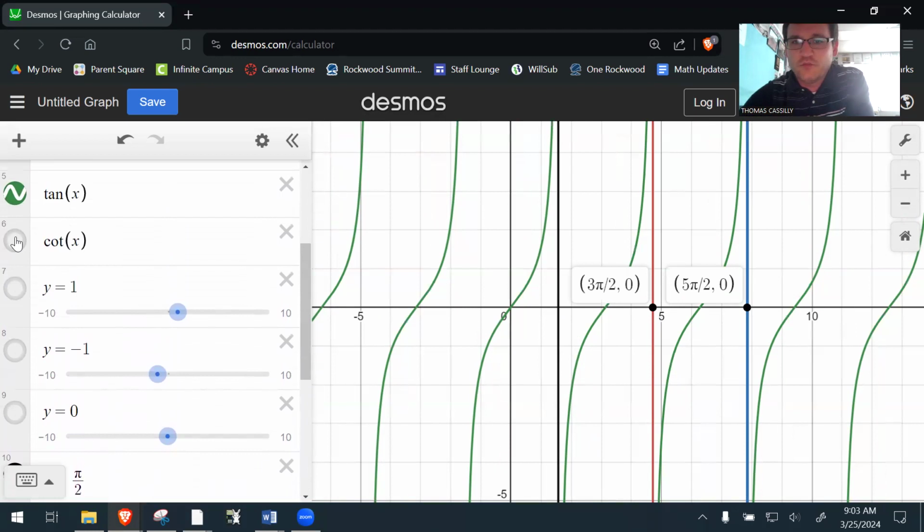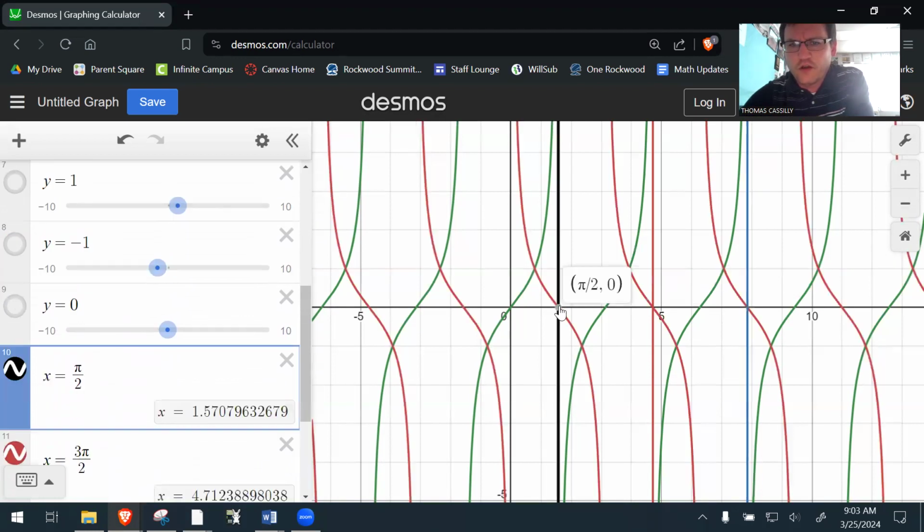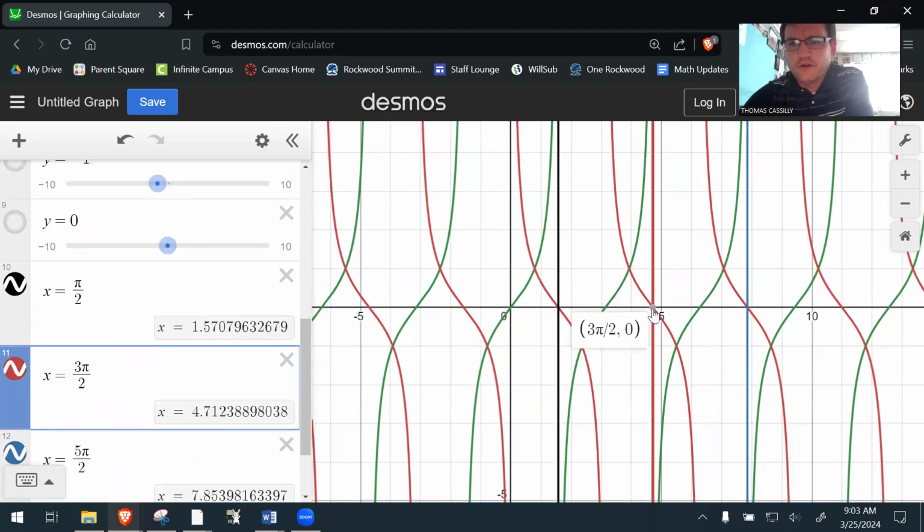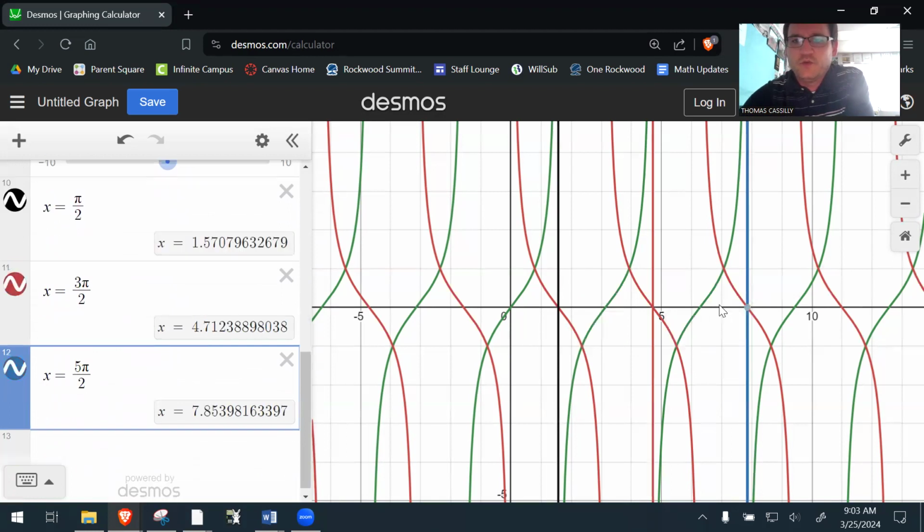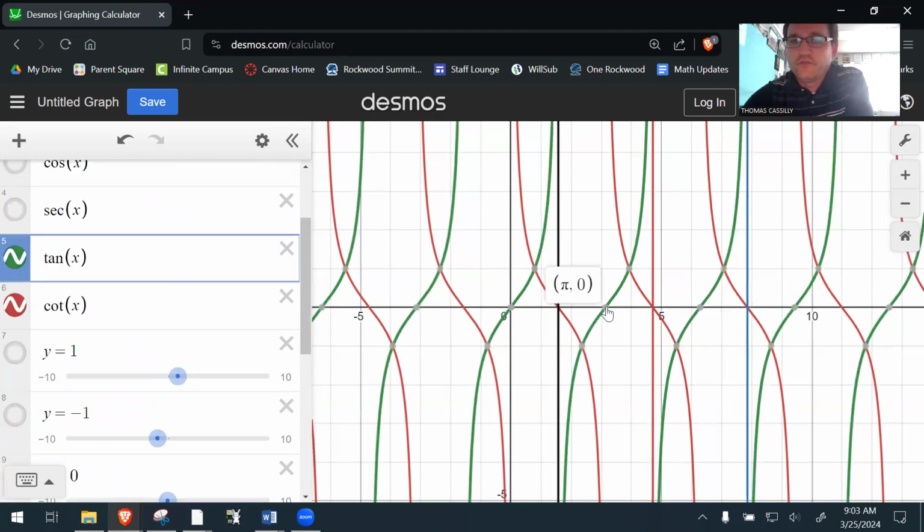If I put the cotangent back on here, it's going to cross at those intervals. And where tangent crosses 0, those become the new asymptotes for your cotangent function. So it's just a matter of shifting those asymptotes where we need to.